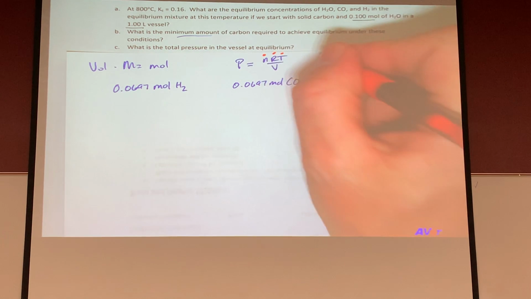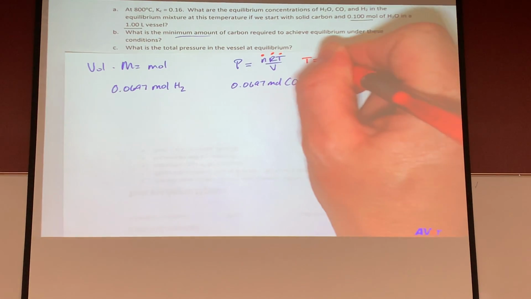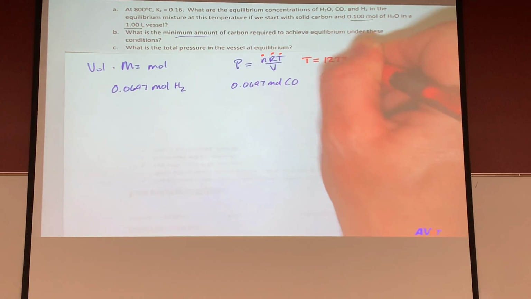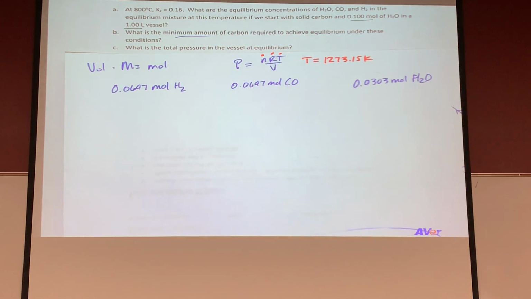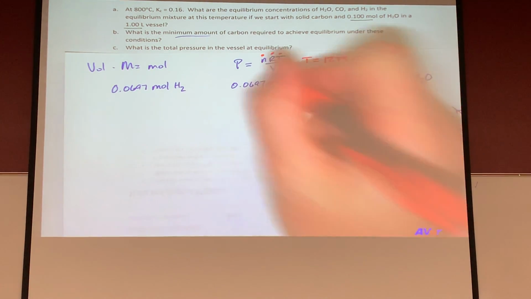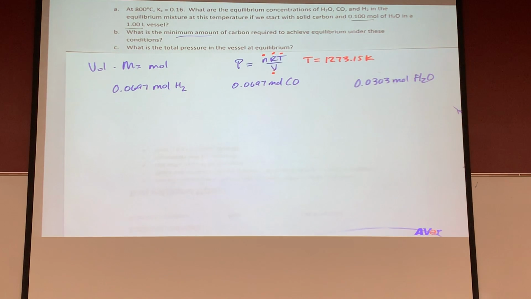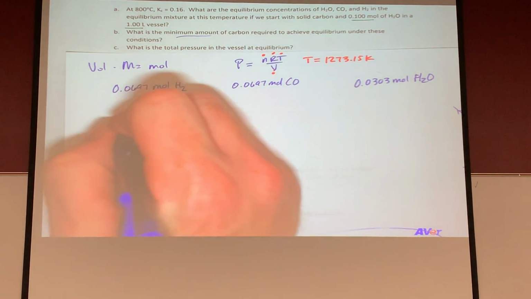Temperature is given to you at 800 C, so temperature equals 1273 kelvins. And the volume of the container you have is 1 liter. So you can figure out the pressure of each gas.